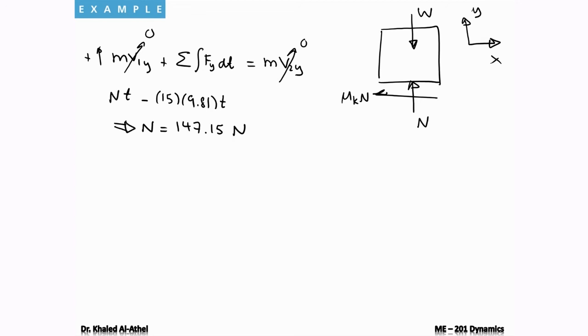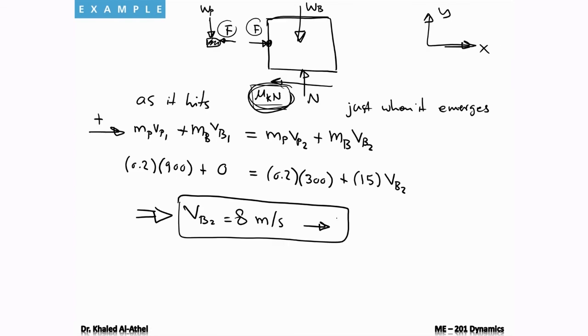Okay, now let's do the principle of impulse and momentum in the x-axis. This is positive. I'm going to have m v1x. Again, just write the equation generally to organize your work. The integral of F dt should equal the final linear momentum. Initially the block was moving with the velocity we found here, after the bullet penetrates.